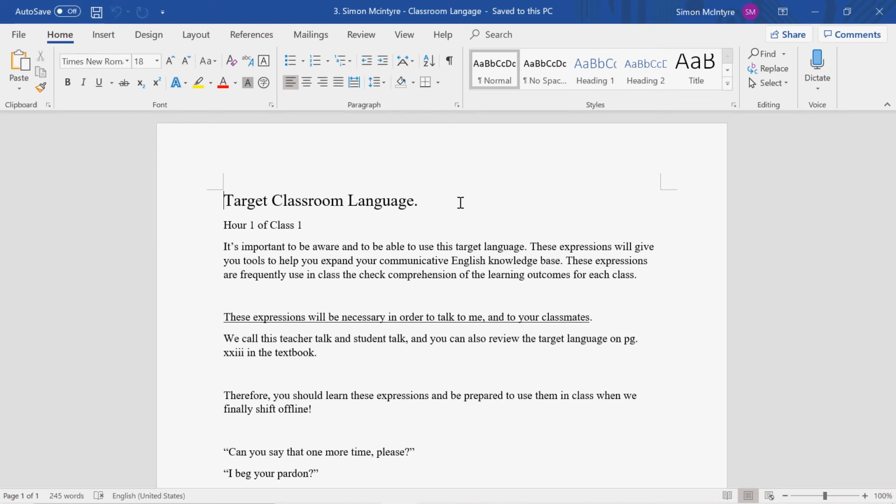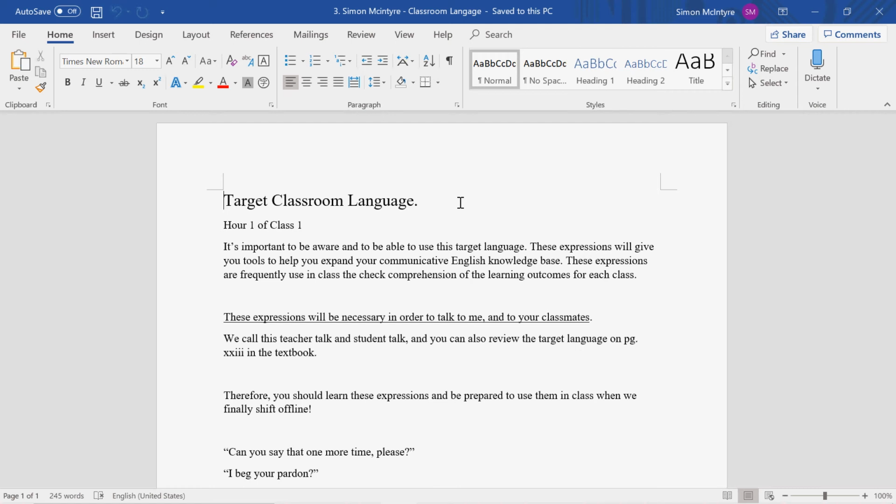So these expressions also talk around the way you talk to me for clarification during a class, and also talking together to your classmates. So we call this teacher talk and student talk. And it also appears in the textbook on page 23 in the appendix at the front.